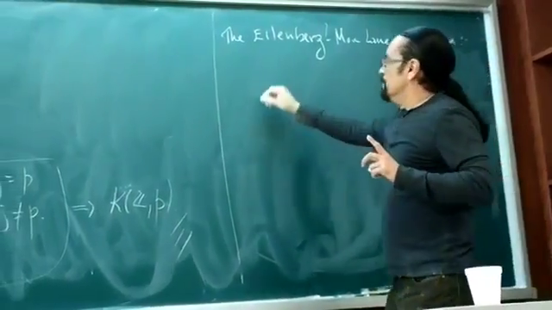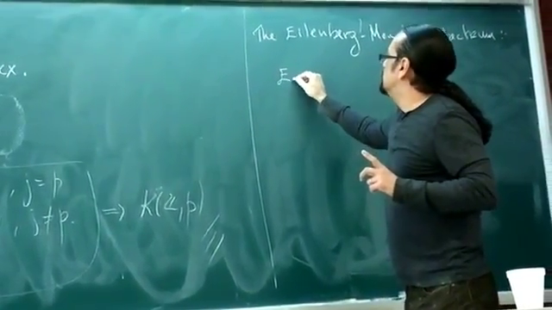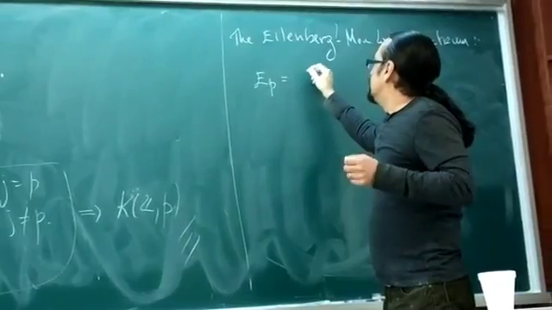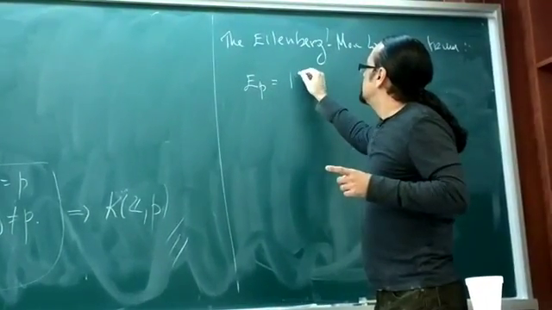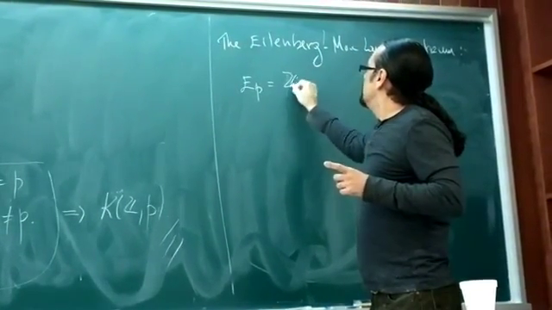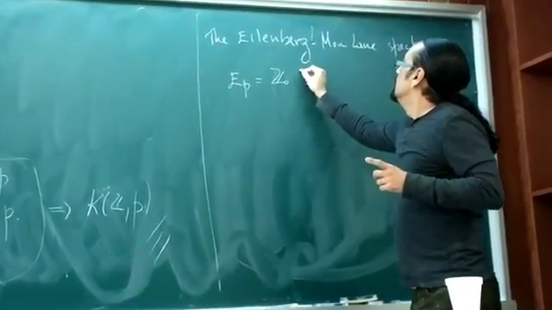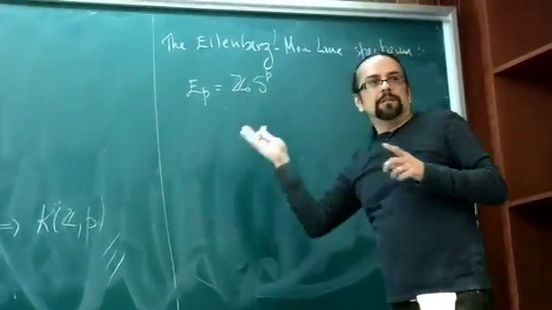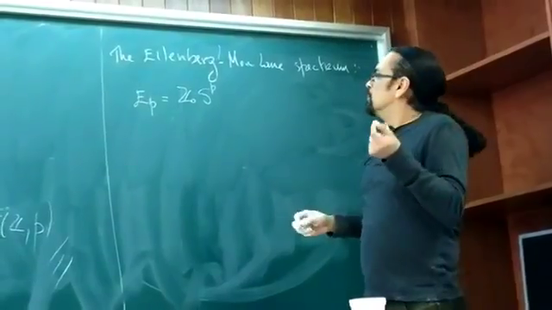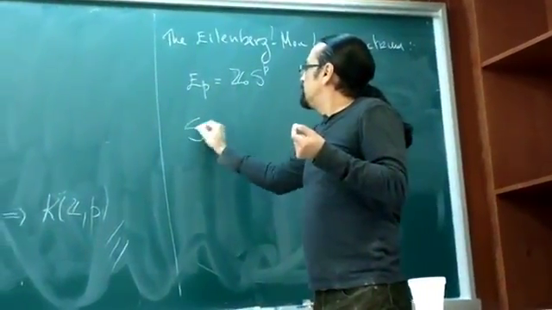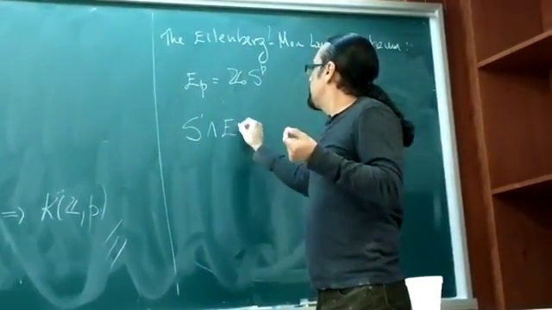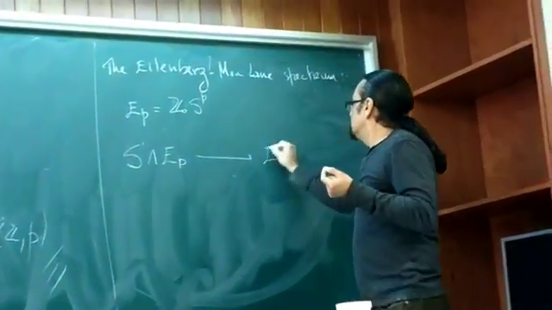I'll simply remember that I have my E sub P, or should be K(Z,P), but I'm using the previous notation, is just the free abelian group on your sphere SP, modulo the things that are basepoint. So what I want to do, I want to send a map from S1 smash EP to EP plus 1.